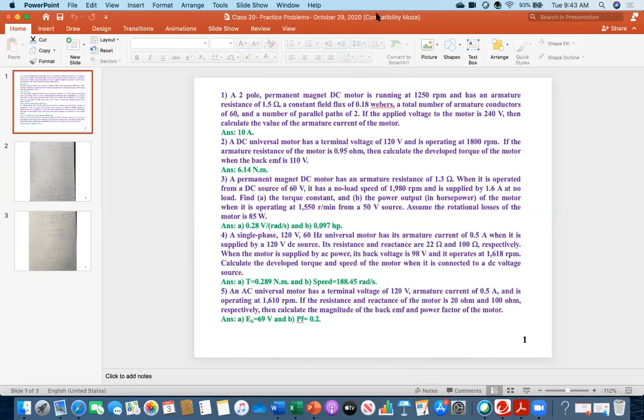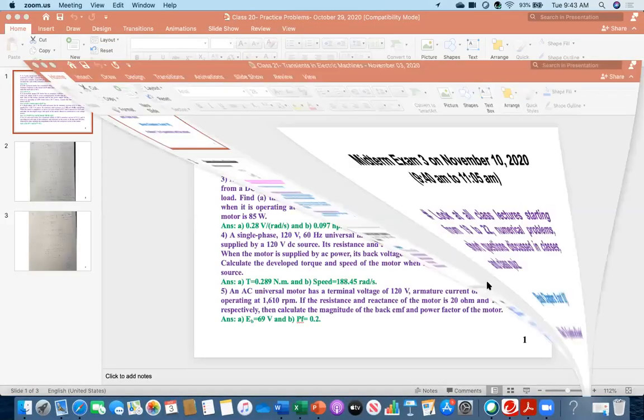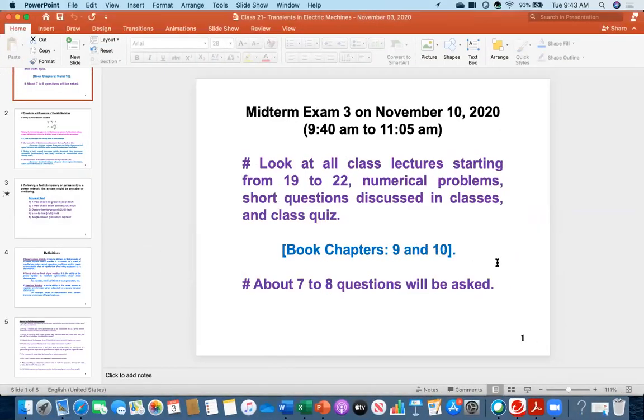Okay, now let's come back. Can you see the new slide, the new screen about midterm exam 3? Yeah, we can see it. Okay, great.